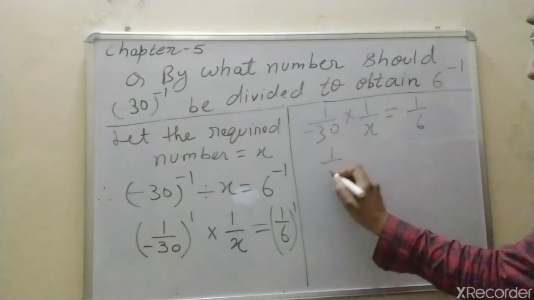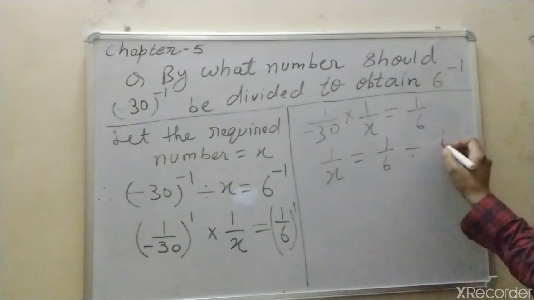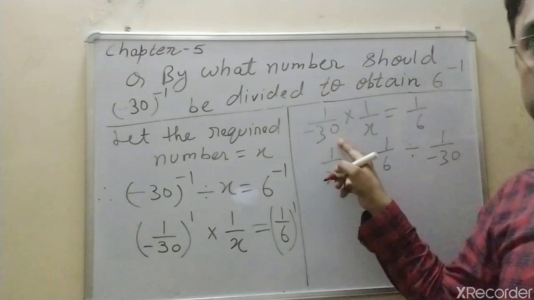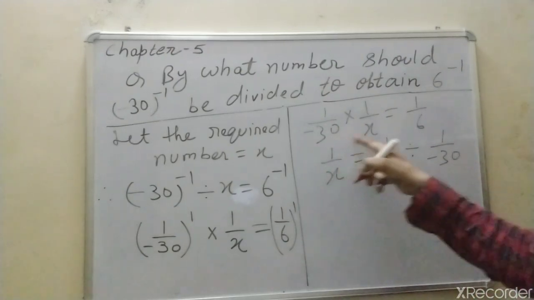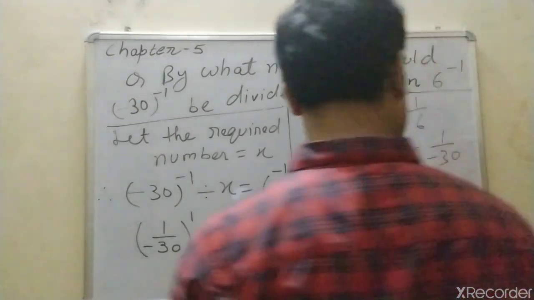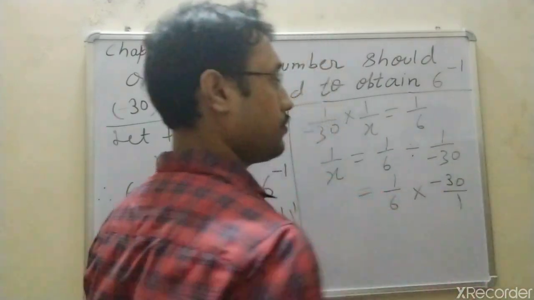1 by x equals 1 by 6 divided by 1 by minus 30, because 1 by minus 30 is multiplying on the LHS, so on the RHS it will divide. 1 by 6 into minus 30 by 1.